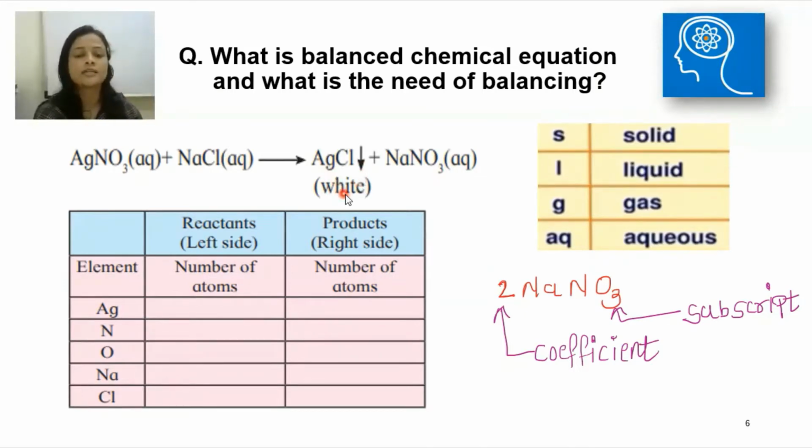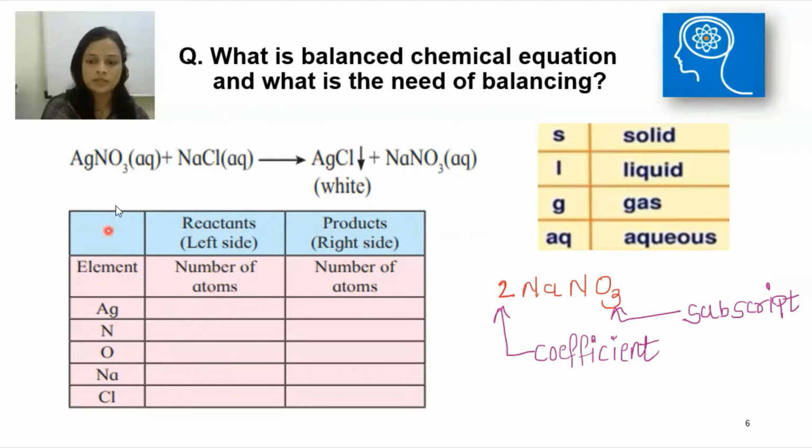Okay, so here a white colored precipitate of AgCl is formed in this chemical reaction. Now as this is a balanced chemical equation, the number of atoms of each element present on the left side and on the right side, that is the product side, are equal.